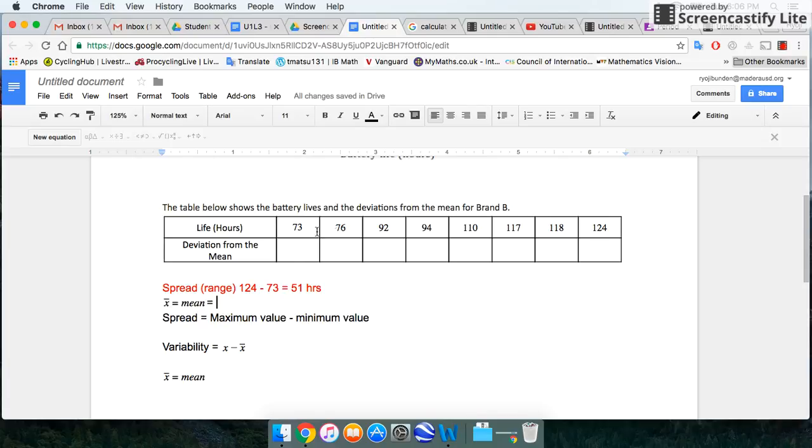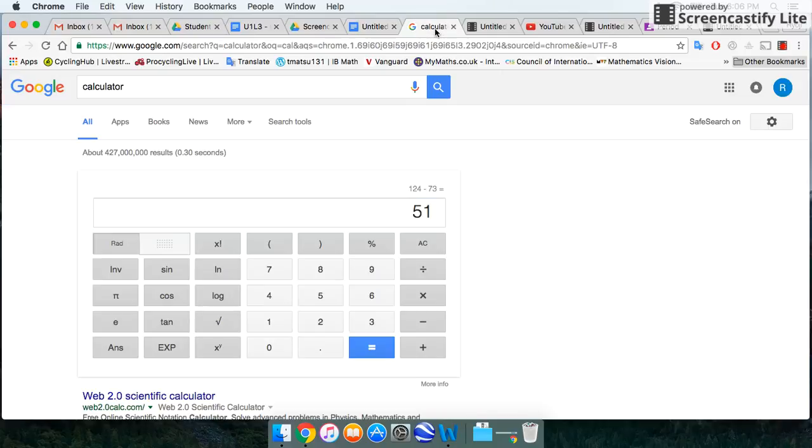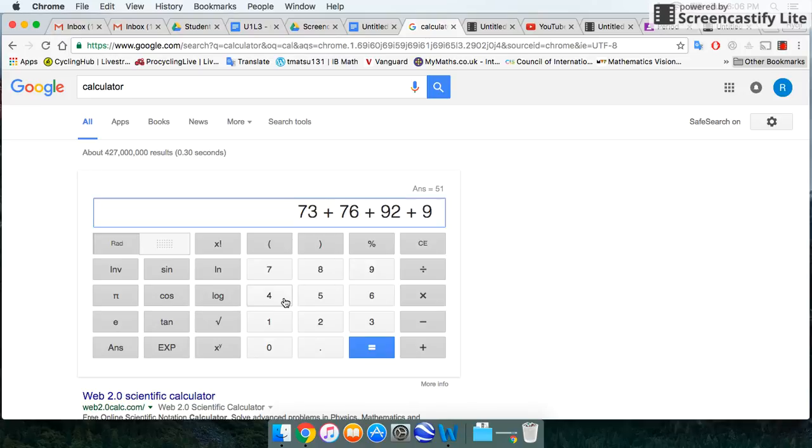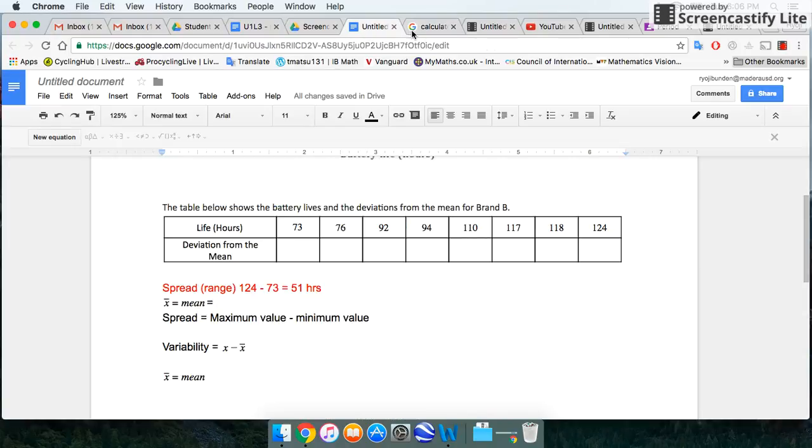So we have these values: 73 plus 76 plus 92 plus 94, 110, 117, plus 118 and 124.